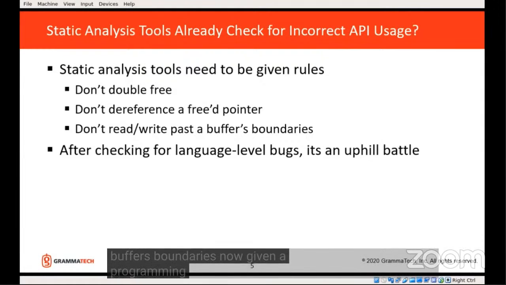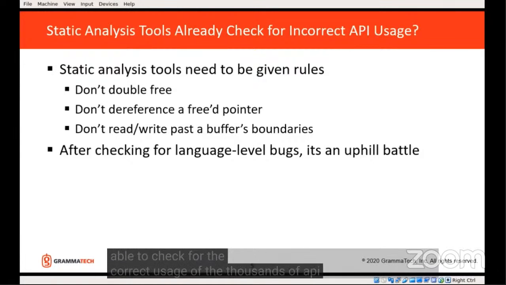Given a programming language, after checking for all the generic language-level bugs like buffer overflow and null pointer dereference for C and C++, it can be a long uphill battle to check for the correct usage of thousands of API functions and finally come up with rules for all of these.